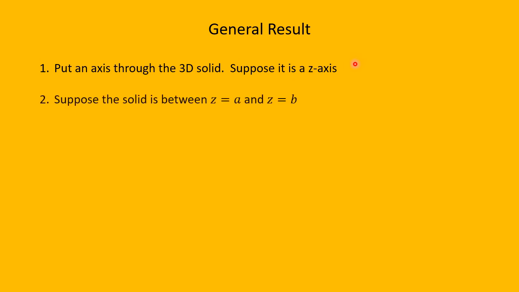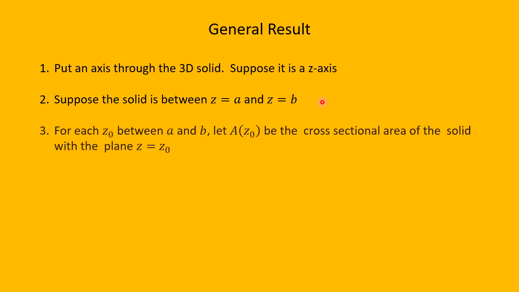So here's the general result. Put an axis through the three-dimensional solid, and for the time being we'll suppose it's the z-axis, but it could be any axis going through the solid. Suppose that the solid, the entire three-dimensional solid, lies between the planes z equals a and z equals b.